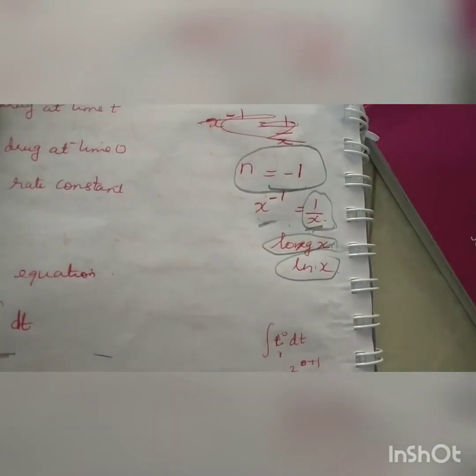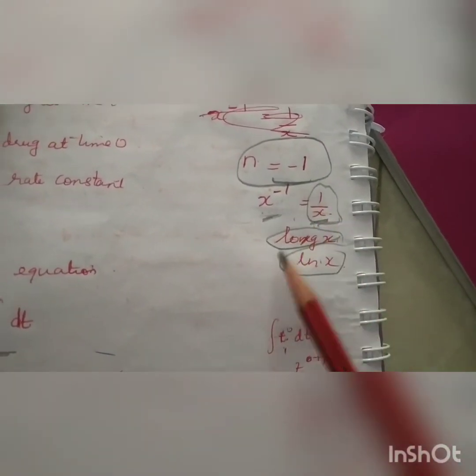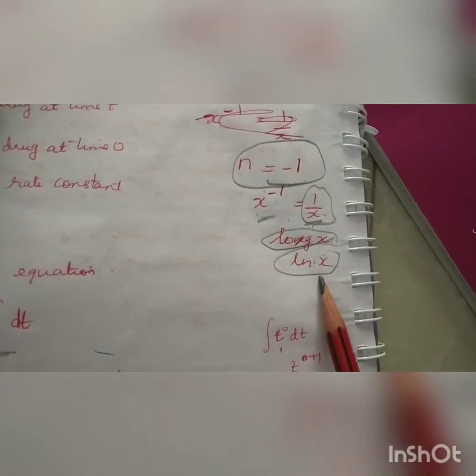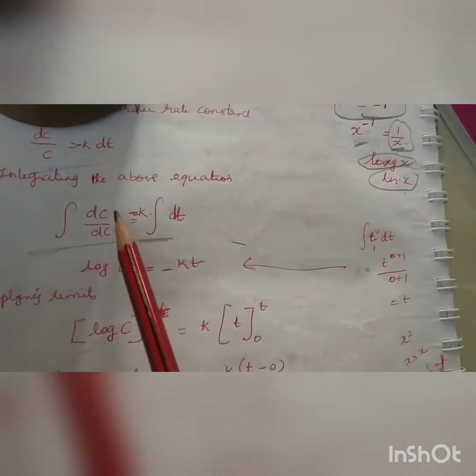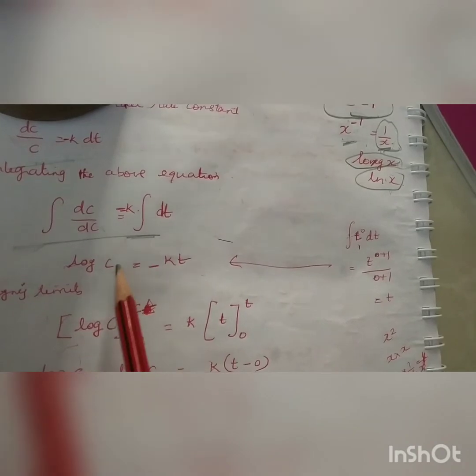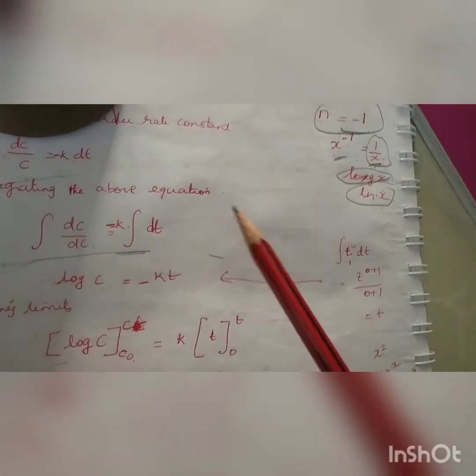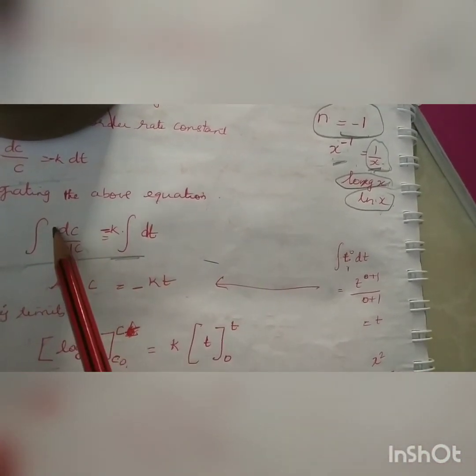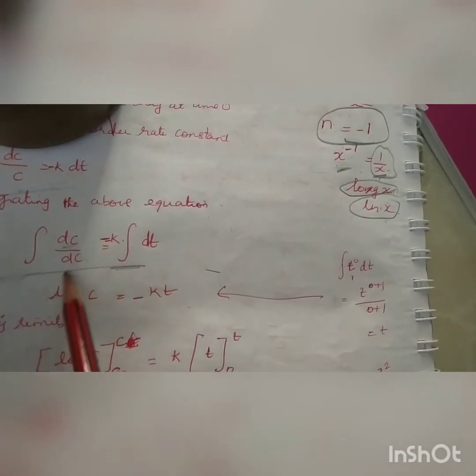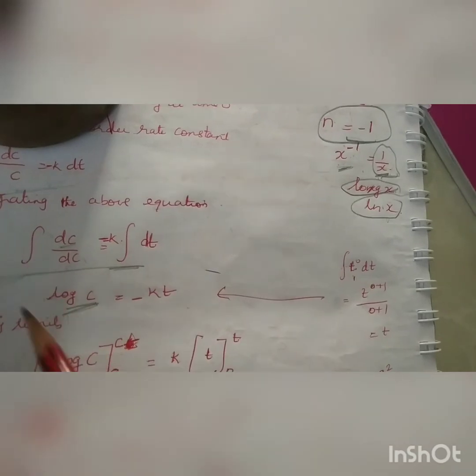So 1 by x can be written as log x or ln x. Here, if you look at this, 1 by C dC is equal to log C, or ln C.